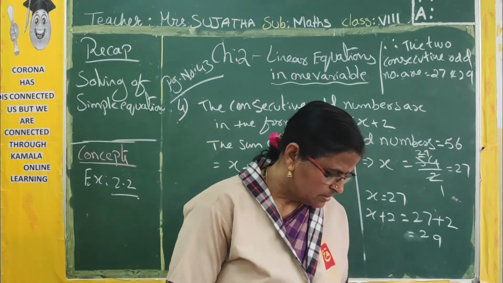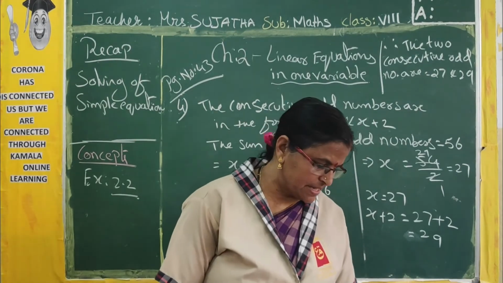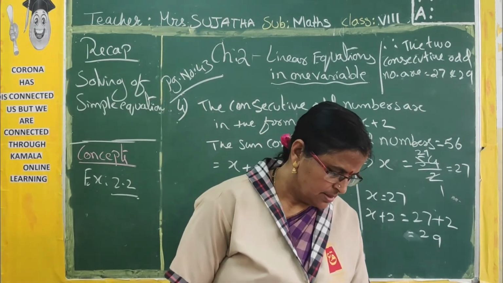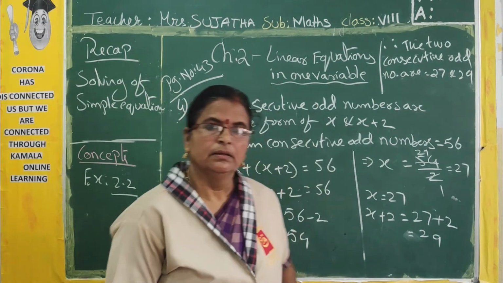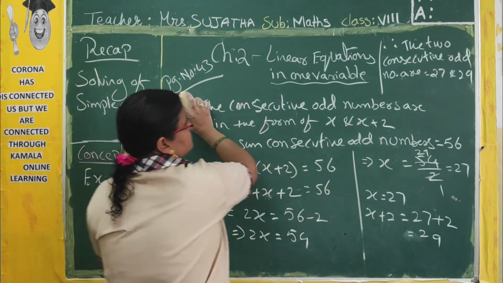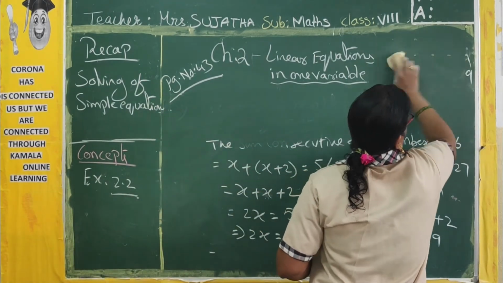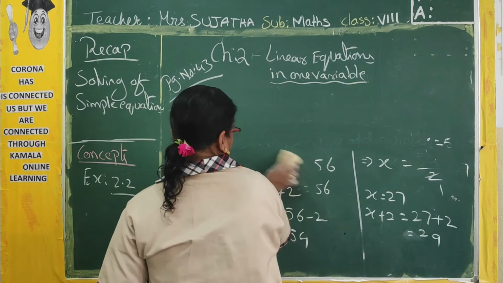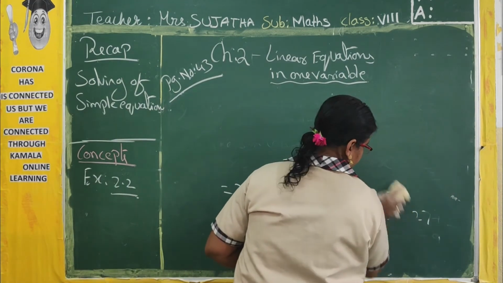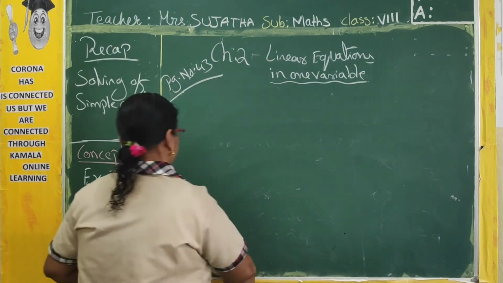Okay. Now, fifth one. The sum of three consecutive multiples of 7 is 777. Find the multiples. What is meant by multiple? Suppose multiples of 2: 2, 4, 6, 8, 10, and so on.